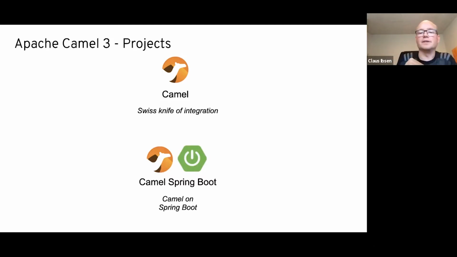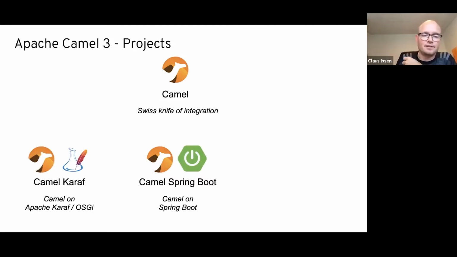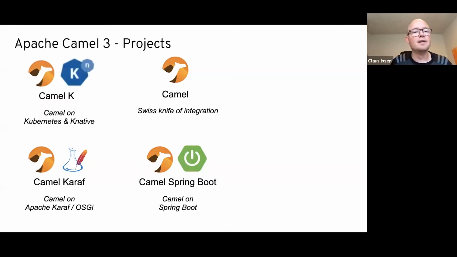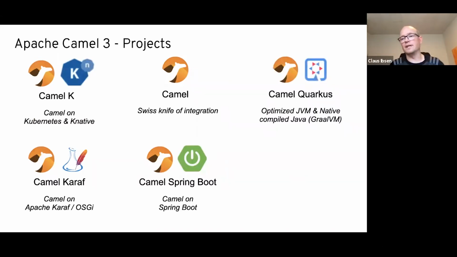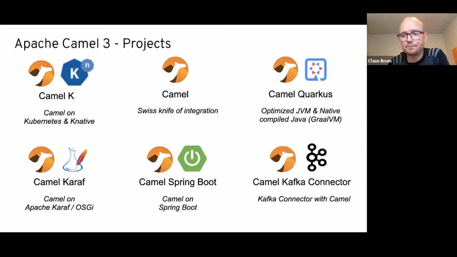You can run Camel on Spring Boot, and there's some legacy support for OSGi, which is based on Karaf. And then there's the awesome technology Camel K that we're going to see more about in this talk. And then we have Camel for Quarkus, an awesome framework as well. This is really fantastic to make Java awesome for today's and tomorrow's workloads. And for Kafka, there are also connectors using Kafka Connect technologies.